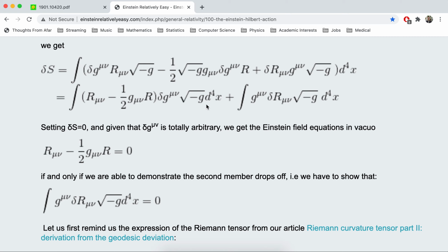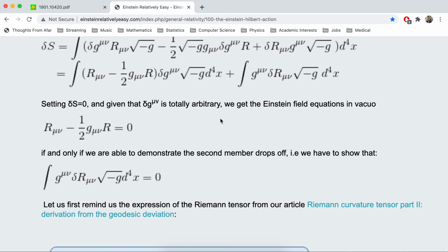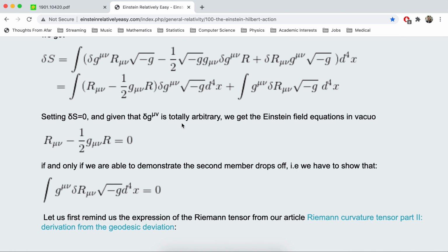Now, what you need to know here is that the main condition you want to impose is that this thing I have in the brackets here, if this thing is 0, then that means the whole thing is 0. That's what you're essentially going for.